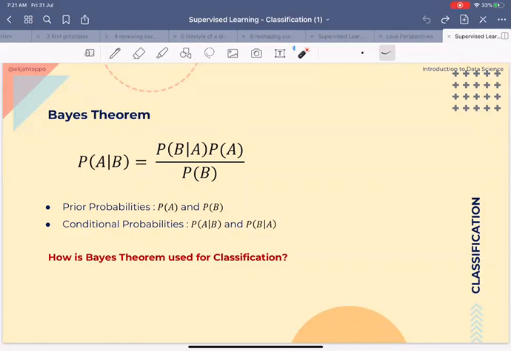Maybe a small note for Anand. You may remember we were using Bayesian analysis for the Airbus project, right? Yeah, for health analysis. Yes, for prognostic health.